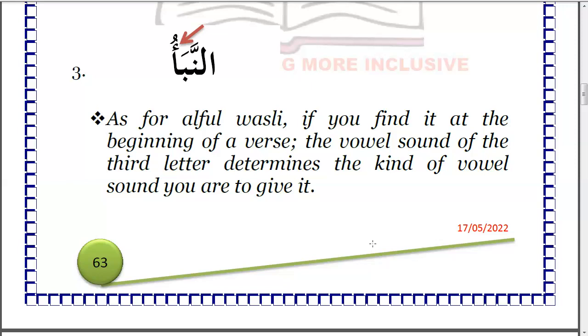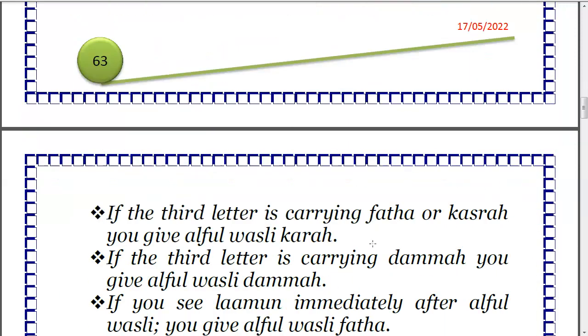Alif al-wasli always appears without a vowel sound, without fatha, kasra or damma. However, its vowel sound is determined by the vowel sound of the third letter of the word where alif al-wasli is found. That is feature number one.